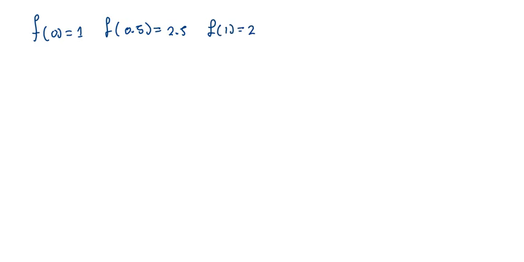Then f of 0.25 is the same as f of 0.75, and all these are going to give us alpha.